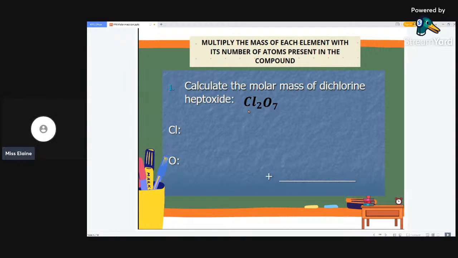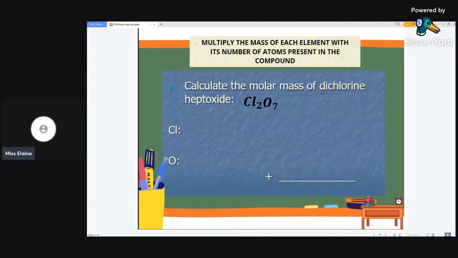Now we have another example. Calculate the molar mass of dichlorine heptoxide. In sodium chloride earlier, since there was only one of each, we just copied the atomic weight of each element. While here, we have dichlorine.